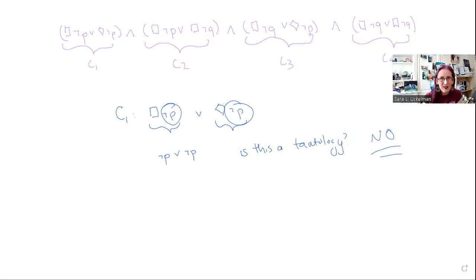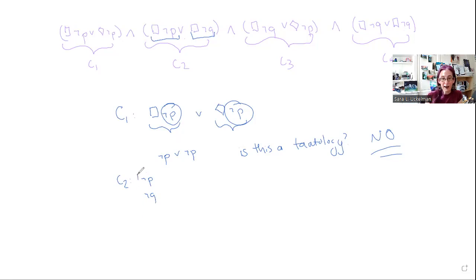However, let's go on and test the other conjuncts just so that we can see more instances of how the test is applied, so you get a bit more practice. So looking at conjunct 2, again, for each one of these necessity formulas, we take the purely propositional part, so not P in this case, not Q in the other, and we disjoin it to the purely propositional part of the disjunctive subformula, which there isn't any right now.